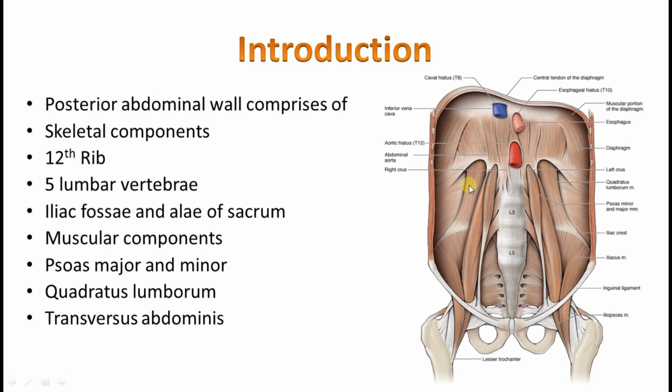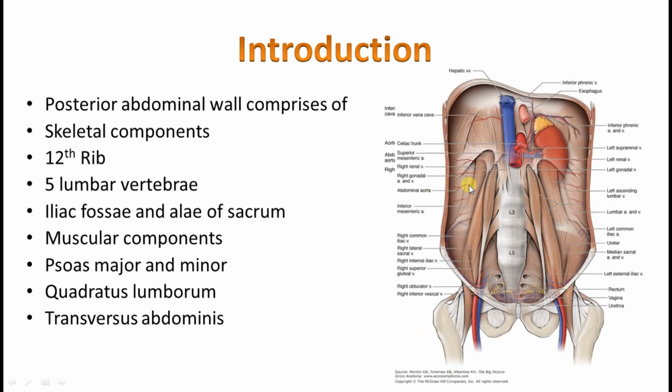The posterior abdominal wall is mainly supportive in nature. It supports the retroperitoneal organs, like your duodenum, pancreas, and of course the kidneys on the posterior abdominal wall.